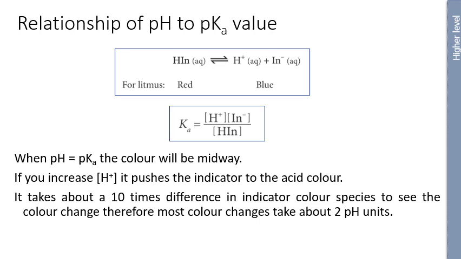You can therefore get a corresponding equation from the equilibrium law for the dissociation constant. So when the pH equals the pKa, the color will be midway. And if you increase the proton concentration at that point, it pushes the indicator to the acid color. It takes about a 10 times difference in indicator color species to see the color change. Therefore, most color changes happen within about 2 pH units.